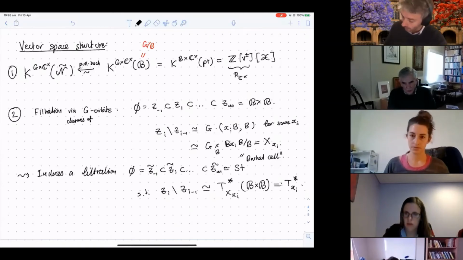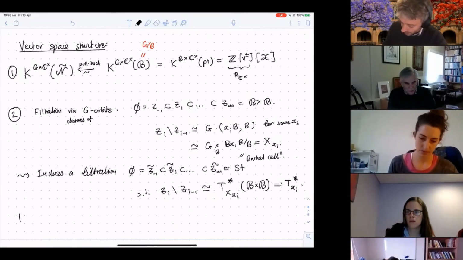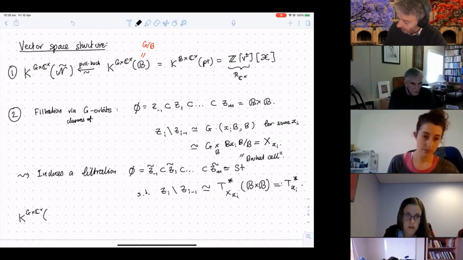It should be believable, so that the G times C star equivariant K theory of this TXI star.